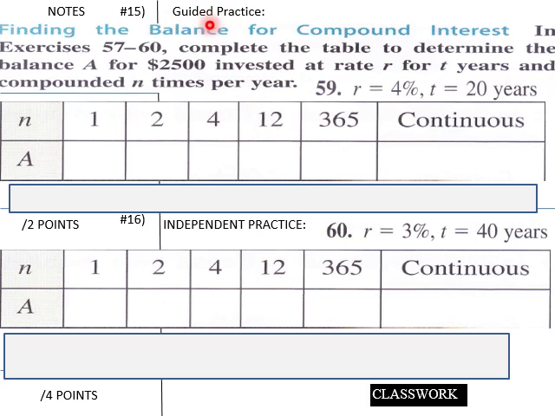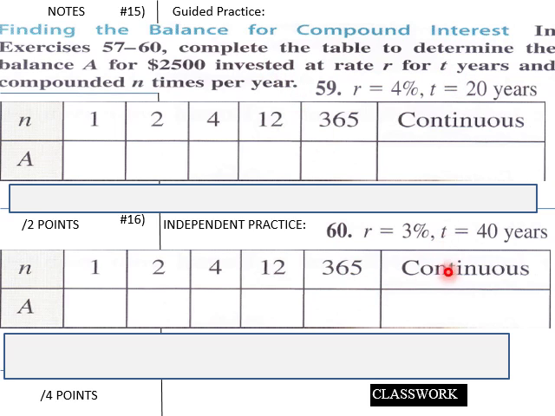So let's go into our guided practice here. We got continuous, and then we got this situation here. 4% for 20 years, 2,500 at a rate for 2 years, and compounded n times per year. Okay, so we have t equals 20 years. I guess it's 1 time a year.